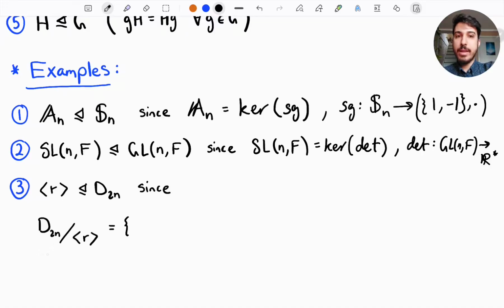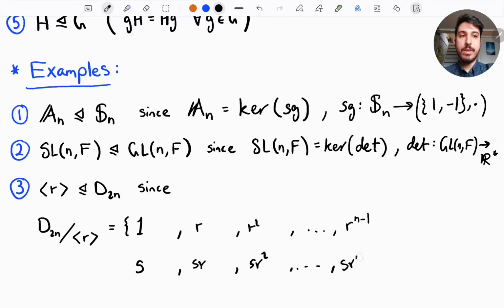Well, we're going to be listing the elements of D2N with a quotient of R. So this would be the quotient group of D2N with the subgroup generated by R. And the elements are simply, we're going to take the elements of D2N, and each of these elements we will multiply by the entirety of this subgroup, starting with the identity, and then R, and then R squared, and then all the way to R to the n minus 1, and the elements S, SR, SR squared, all the way to SR to the n minus 1.